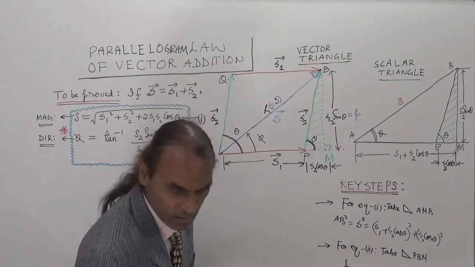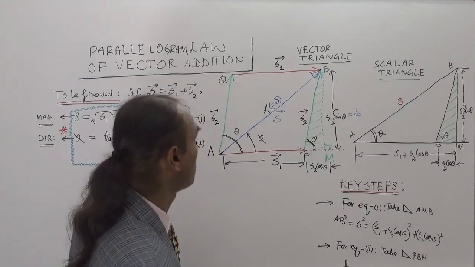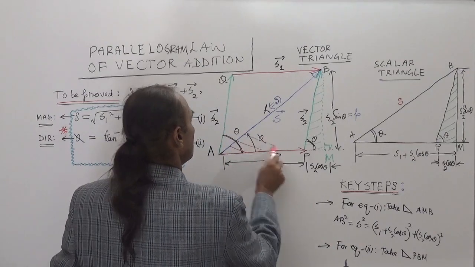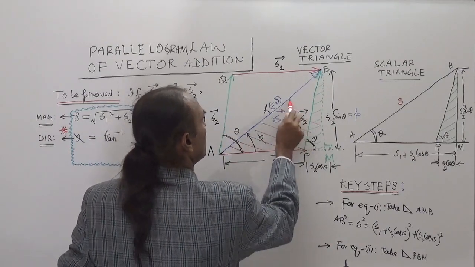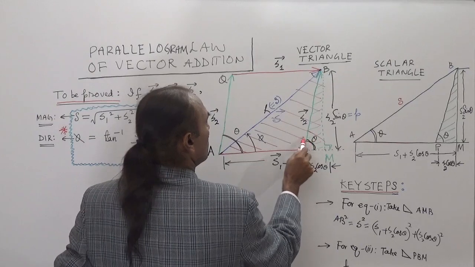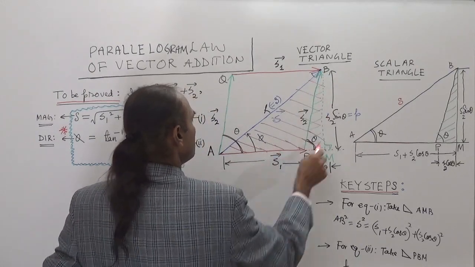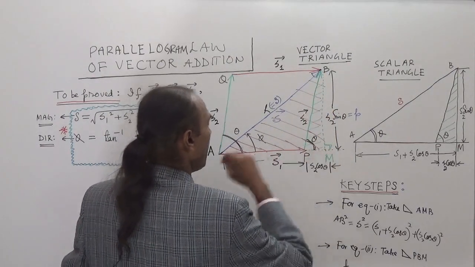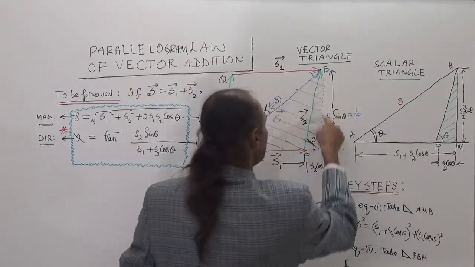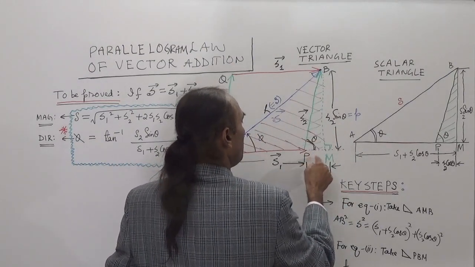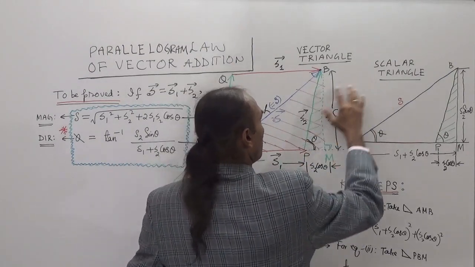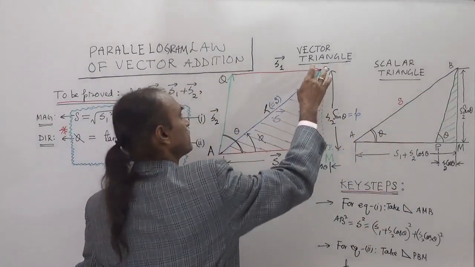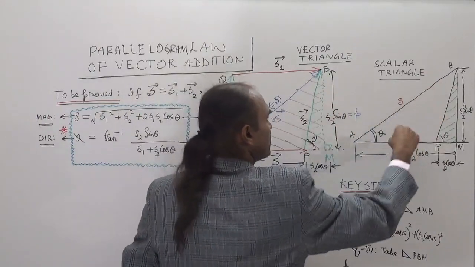This is the vector triangle, this is the triangle ABM, and this is the triangle PMB. So I made it the scalar triangle in this way. This is the vector triangle, this is the scalar triangle.